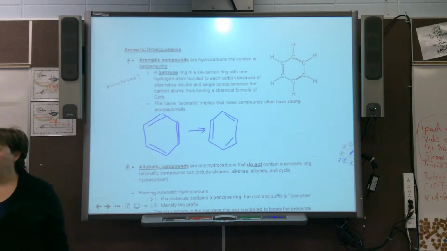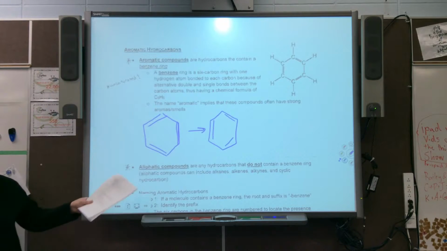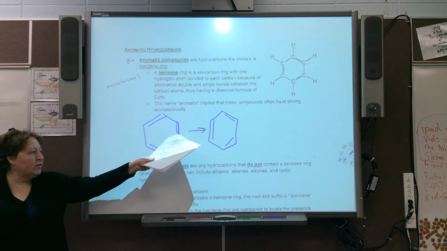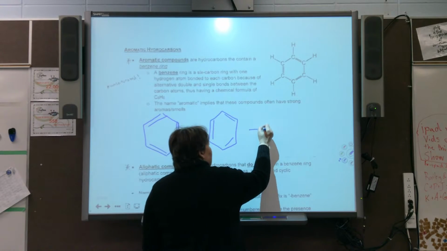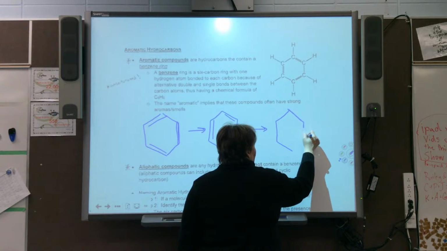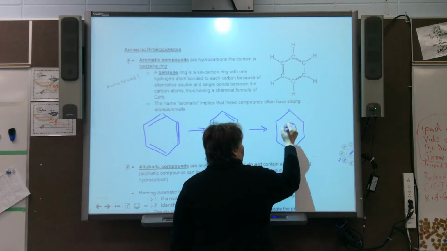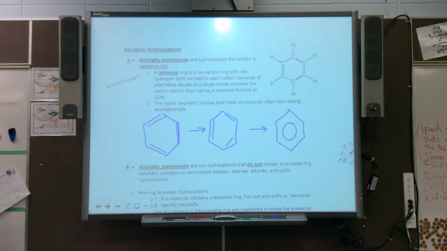It doesn't matter, it just has to be alternating. So whether you start here and you go down or you start here and you go up, it doesn't matter. But typically what you'll see in a benzene ring, this is a very standard way of drawing it, is like this. Okay, shows you that there's double bonds and that it's unsaturated.